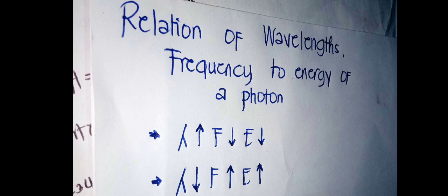When the wavelength increases, the frequency decreases and the energy decreases. When the wavelength decreases, the frequency and the energy increase. That's the relationship of wavelength and frequency to the energy of a photon.